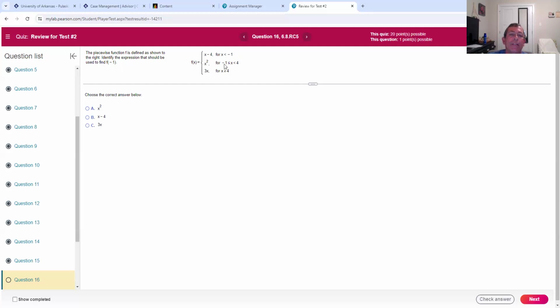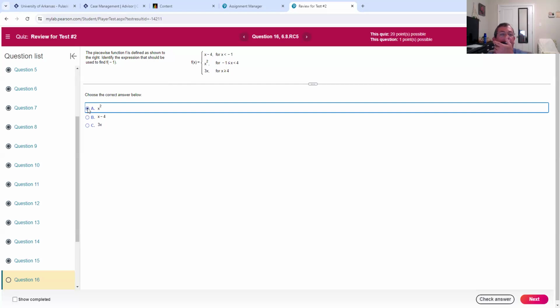The second one says -1 less than or equal to your x, which is -1, less than 4. We all agree? -1 is less than or equal to -1. That's the one I need because I'm using -1. So I would use the x squared equation. So I would choose A for that one. Okay, so you got to be careful.